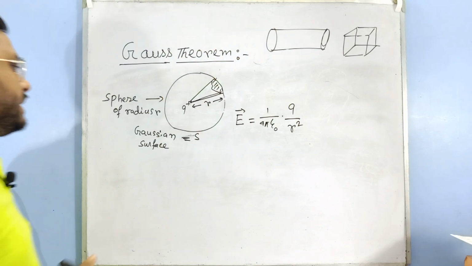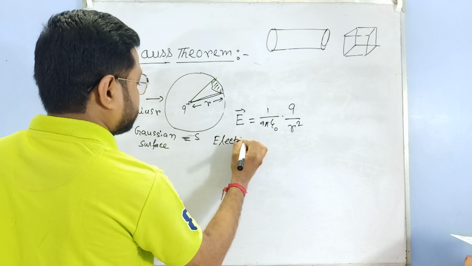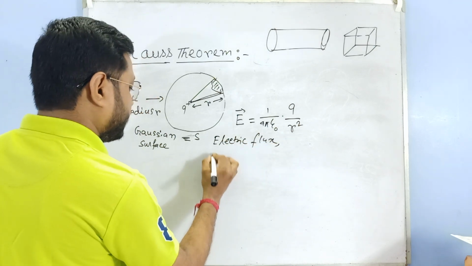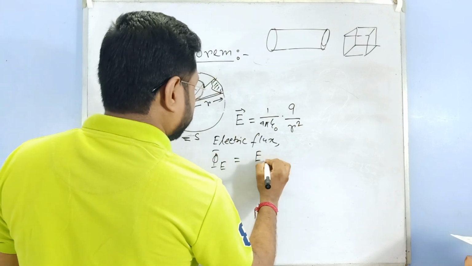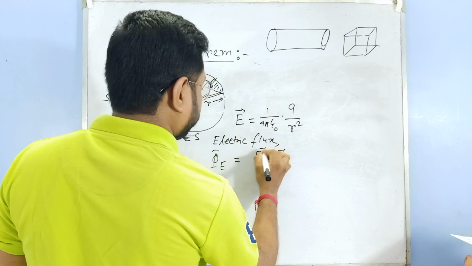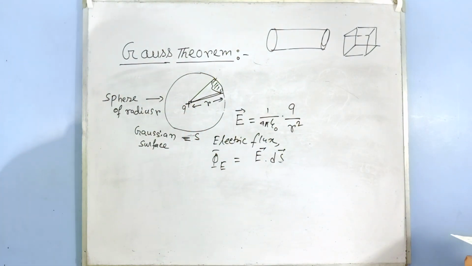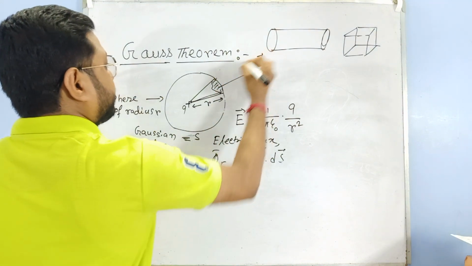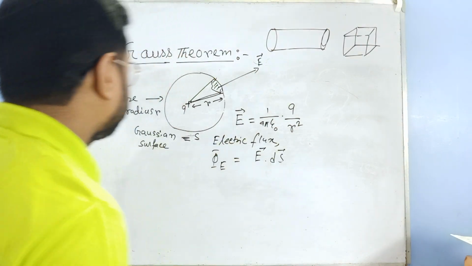Now, what is the electric flux through this surface? Electric flux phi of E through this surface is the dot product E dot ds. As the charge is taken as positive, the direction of electric field is radially outward.